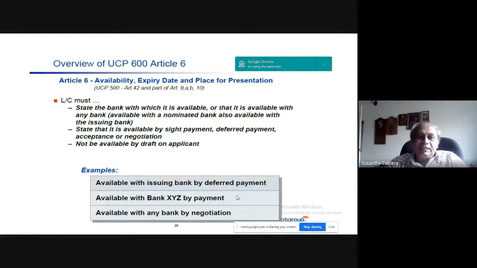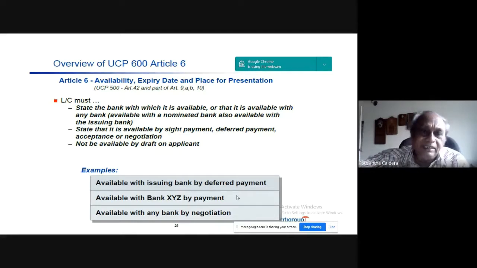An LC must state the bank with which it is available, or that it is available with any bank, available with a nominated bank, or also available with the issuing bank. Even if it is available with a nominated bank, it is available with the issuing bank, because the issuing bank is the ultimate paying bank.